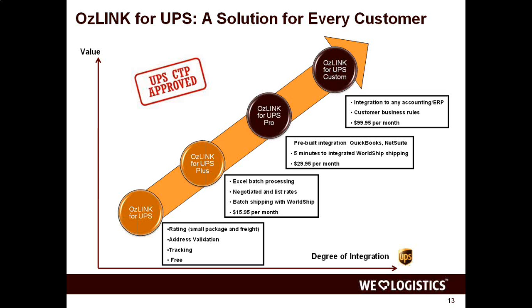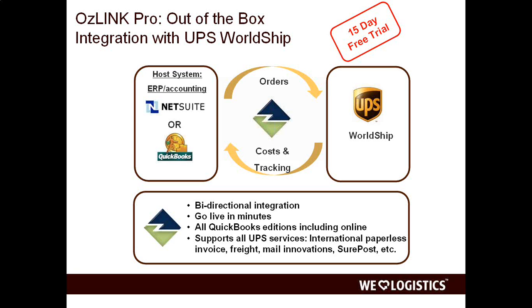Those are the solutions we're focusing on from a demo and detailed perspective today. We'll look at the QuickBooks integration, but as Brian said, the OzLINK Pro solution is out of the box, meaning you can download it in a couple of minutes and have your WorldShip system connected to your QuickBooks or NetSuite accounting system.